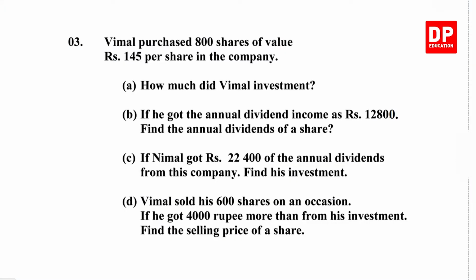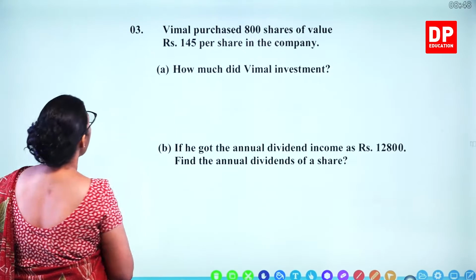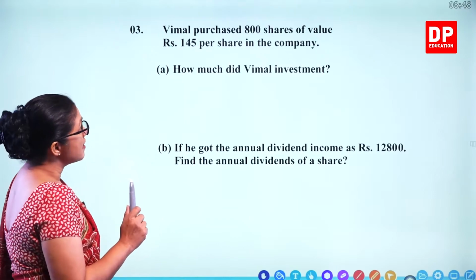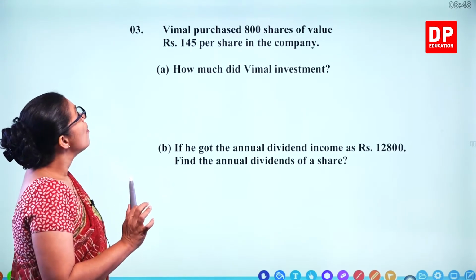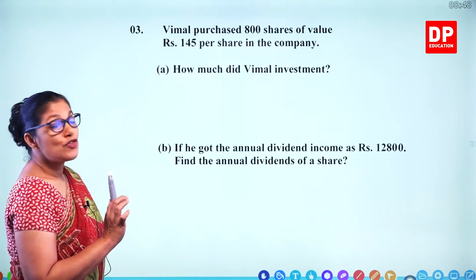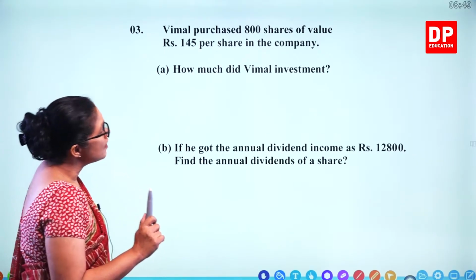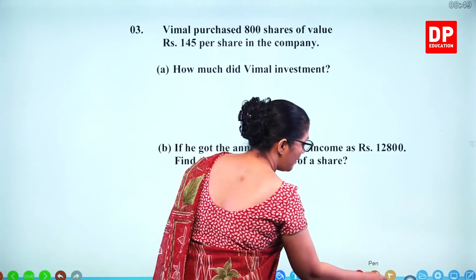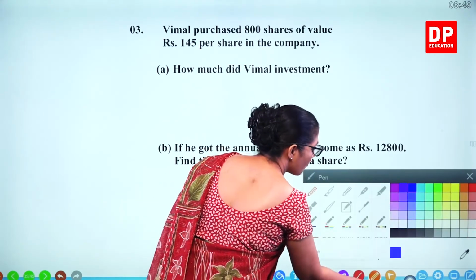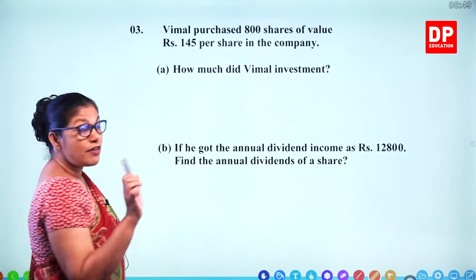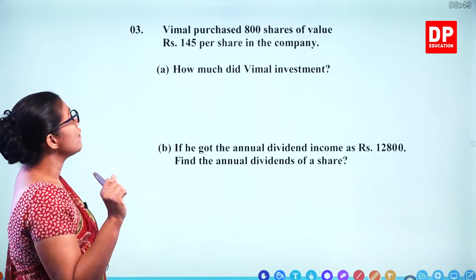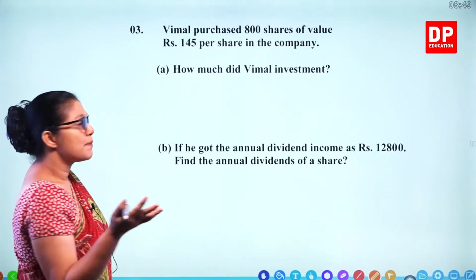Question number 3. So, this is about share market. There are 4 parts, so we will do it separately. Vimal purchased 800 shares of value 145 rupees per share in the company. How much did Vimal invest? So, here 800 shares, each 145. So, you have to multiply both.